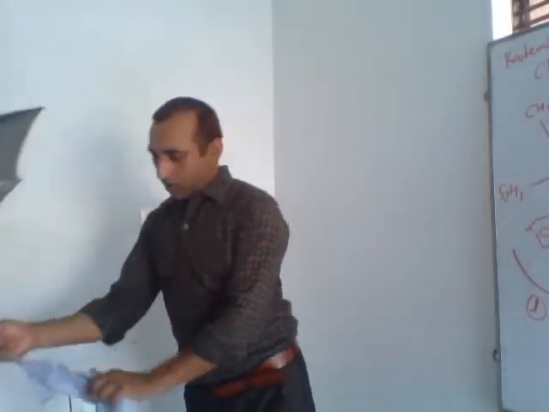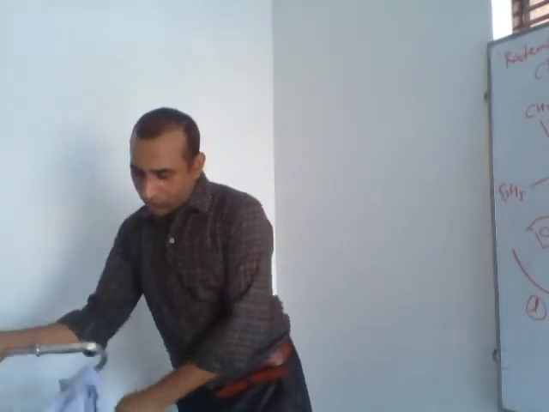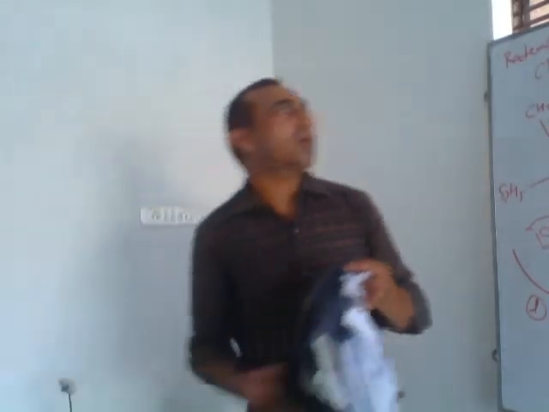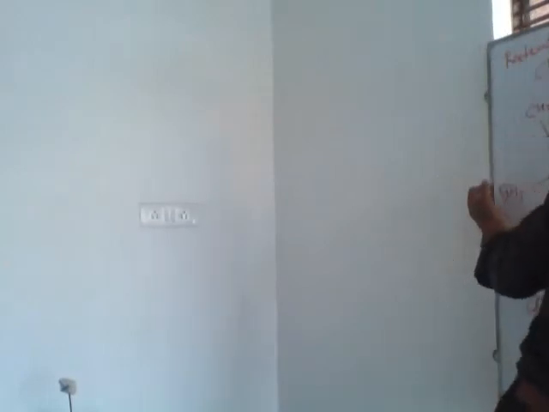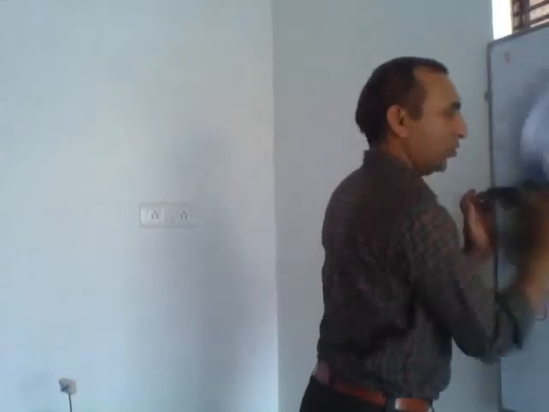Next. Now we can write the opposite points of SN1 for SN2. The SN2 reaction is very simple, and do you know the meaning of 1, 2, 3, SHRI 3?